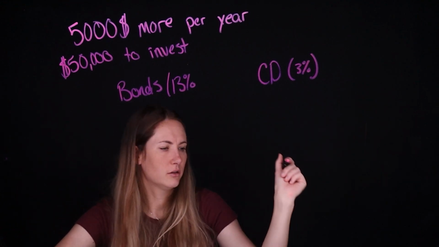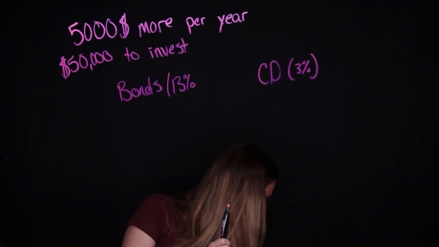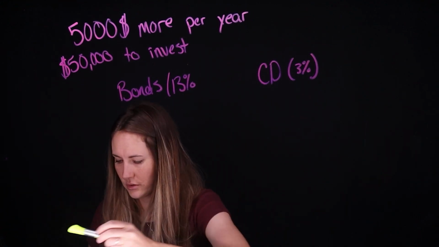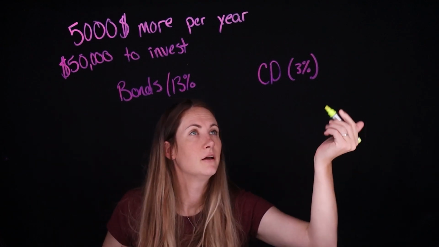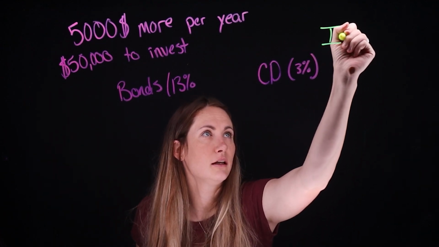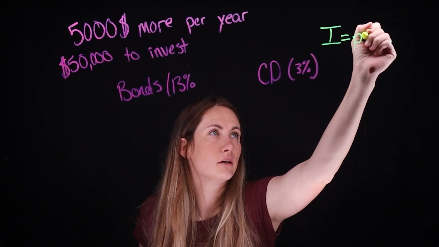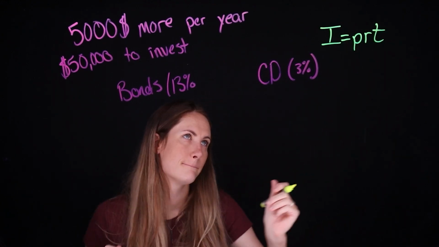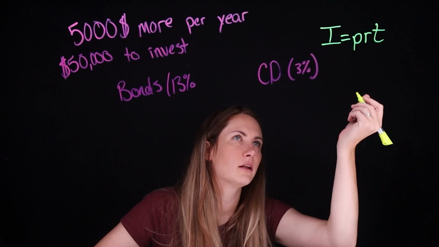So let me grab, I'm going to write our formula up here real quick. So interest equals principal times rate times time. And let's write that out.